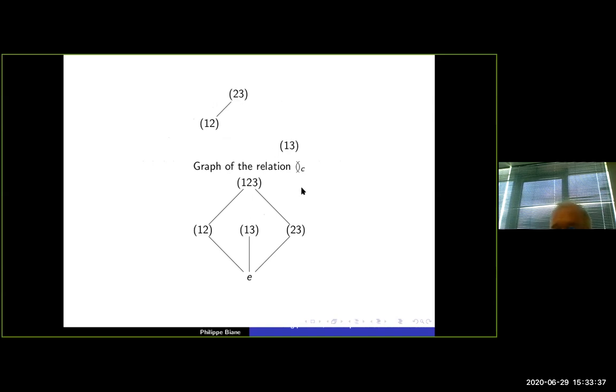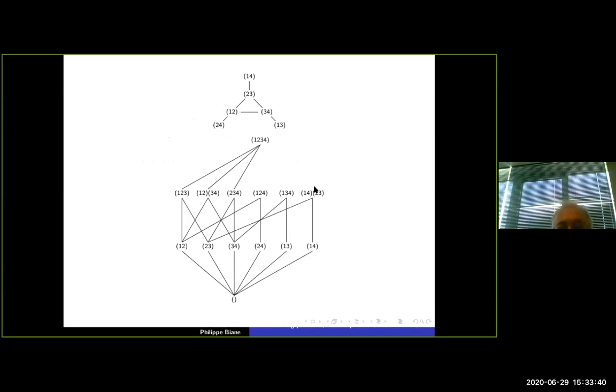And this works also in the case of n equal 3. Actually, it works for any Coxeter group. Here is the relation: we have a binary relation which is given by this graph here. And what you can check, quite amazingly, is that if you look at the simplicial complex associated to this binary relation, you find exactly the order relation for the square order that we have here.